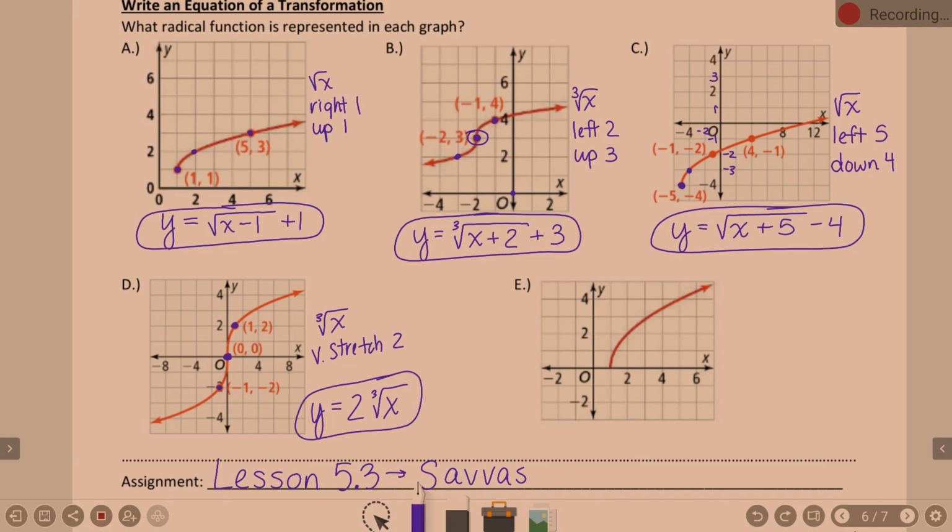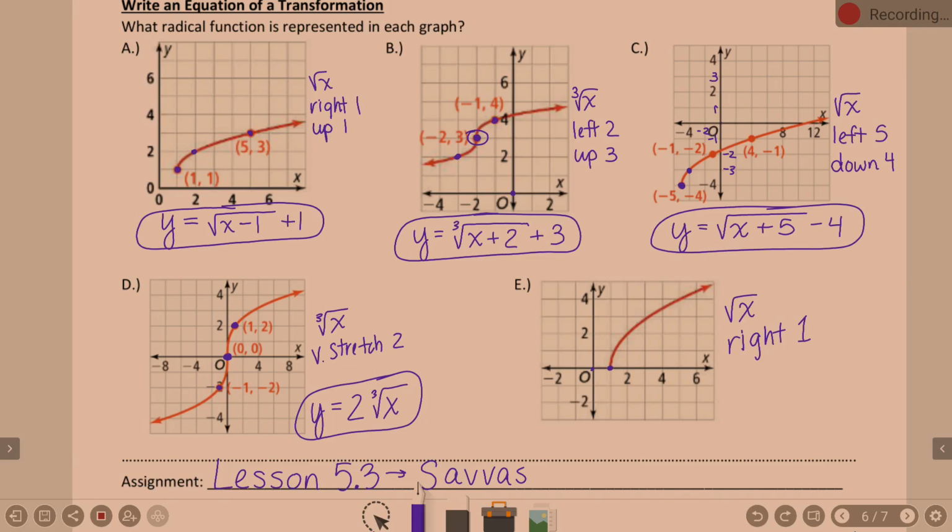Okay. And E. They gave us no points. But we can see. What kind of graph is it? It's a square root shape. Normally it starts at 0, 0. How'd it move? It moved over right 1. Now, what's a normal graph do? It normally goes over 1, up 1. What's this do?